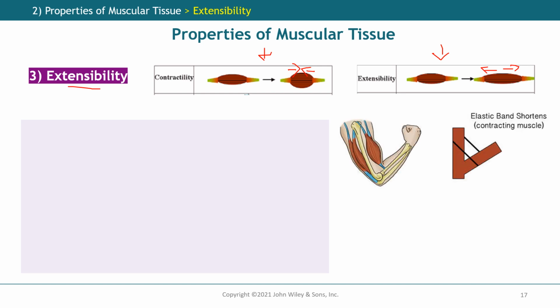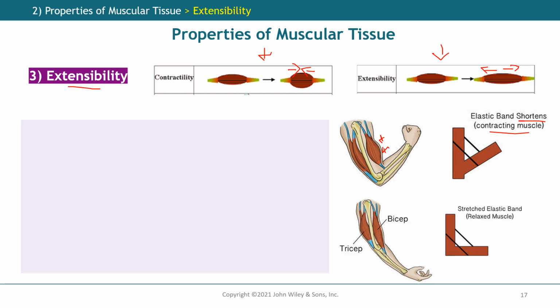And if you remember the previous example, here you have a short biceps, and here you have a contracted muscle with a shortened elastic band. And when it's relaxed, the elastic band stretches out, and now the biceps is just stretched out.